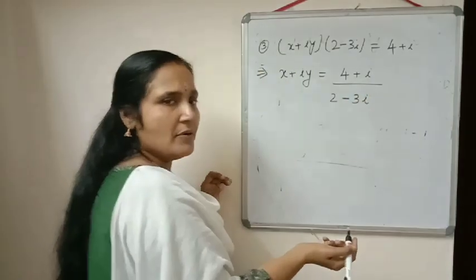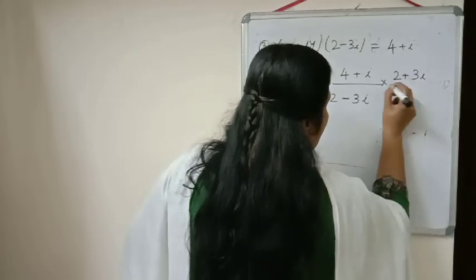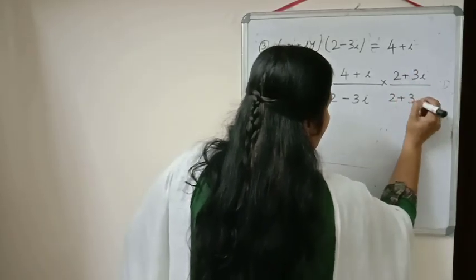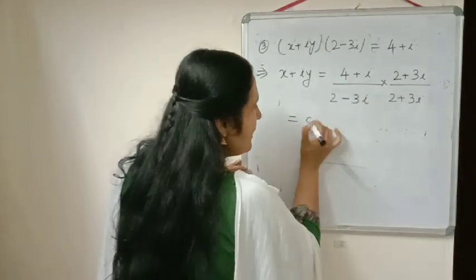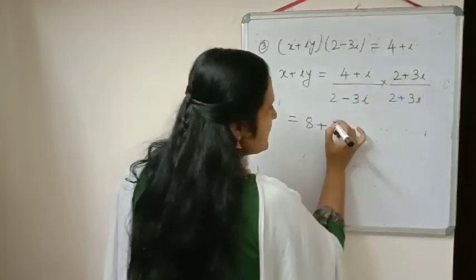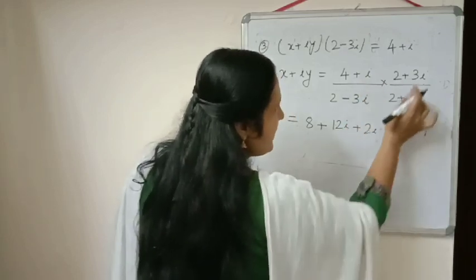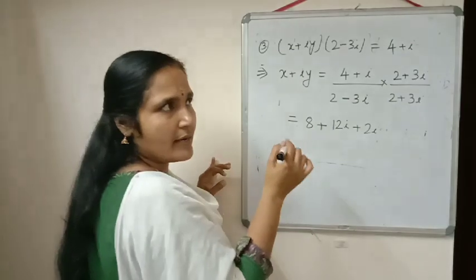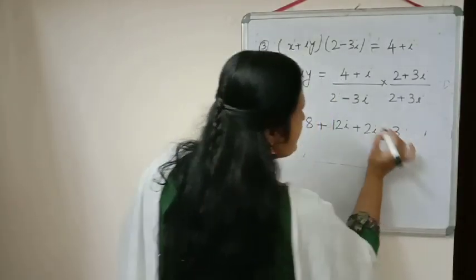Now what will we do? Rationalization. So it will be multiplied by 2 plus 3i by 2 plus 3i. Now do the multiplication. 4 2s are 8, plus 4 3s are 12, so 12i plus 2i plus 3i square, and i square is minus 1. So it will be equal to minus 3.